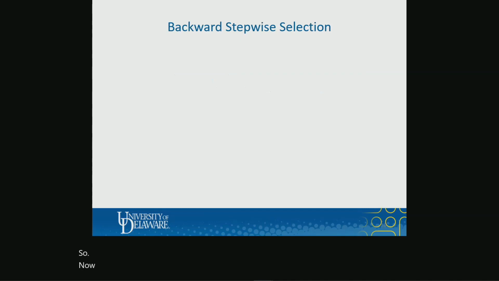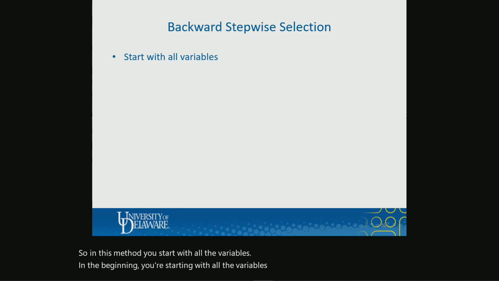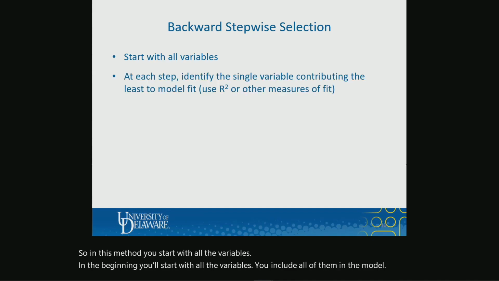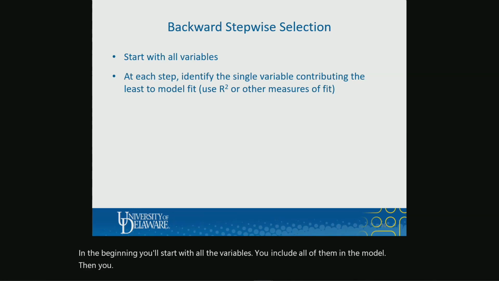Okay. So now we get to the last method, which is the best: backward stepwise selection. In this method, you start with all the variables. At the beginning, you include all of them in the model. Then you drop one variable at a time.